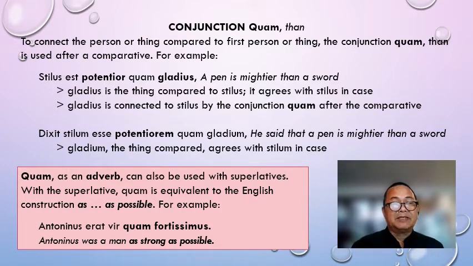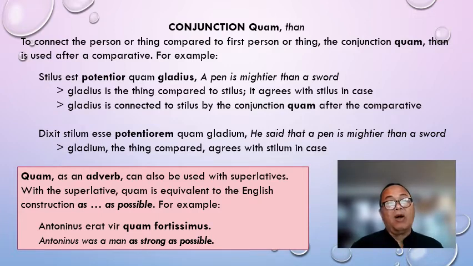So that is a special usage of quam, but this time quam is not a conjunction. It does not connect anything, but here it functions as an adverb. And as an adverb, it modifies fortissimus. Because the function of an adverb generally is that it modifies a verb, an adjective, or another adverb.